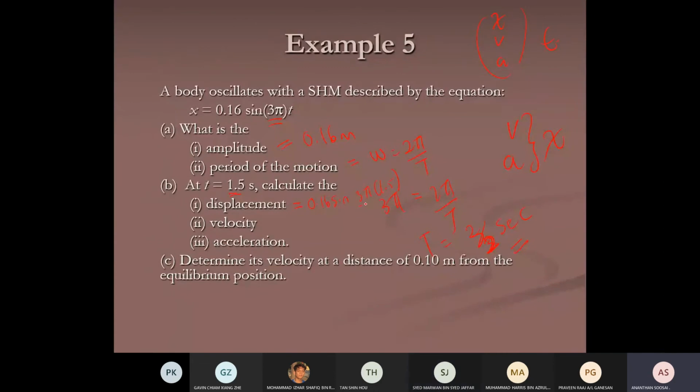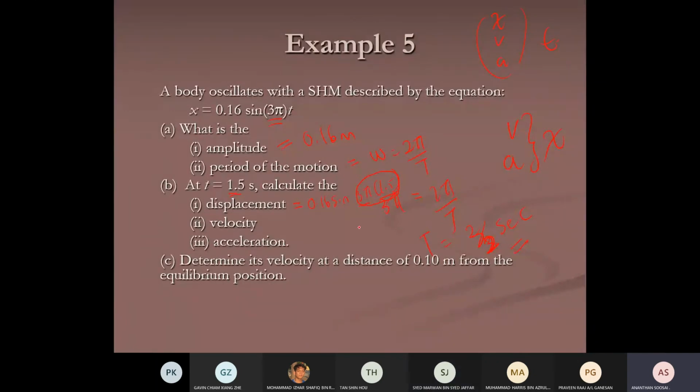Be careful, the 3 pi times 1.5 seconds will be in what unit? It will be in radian, right? 3 pi times 1.5 is in radian because pi is radian.